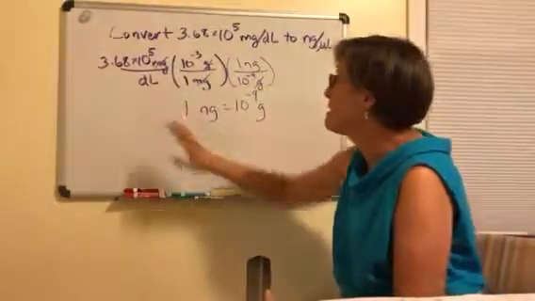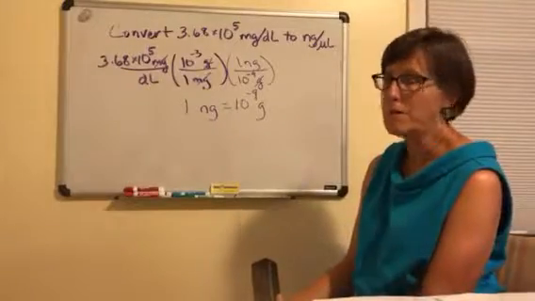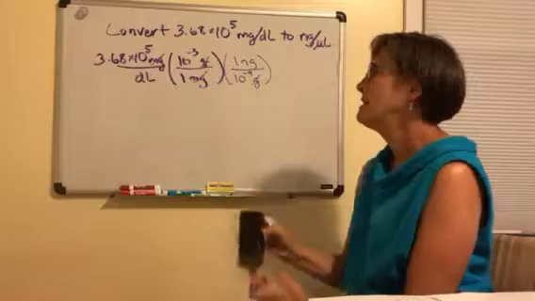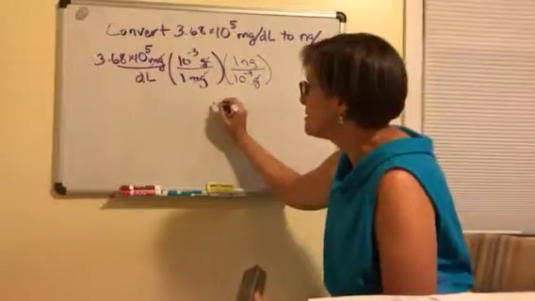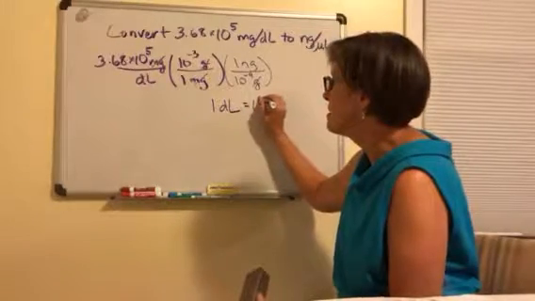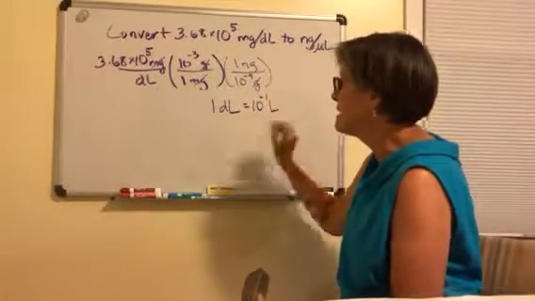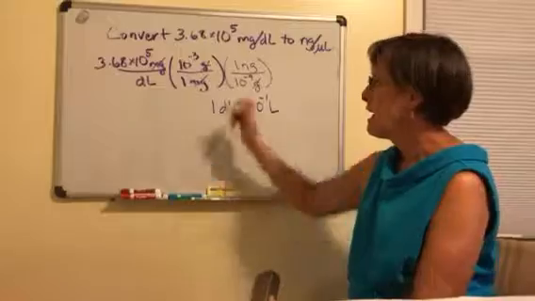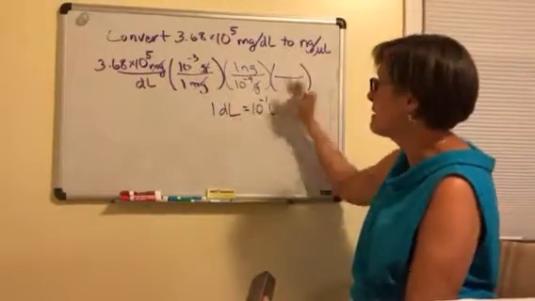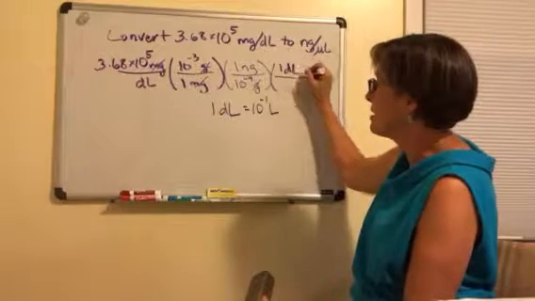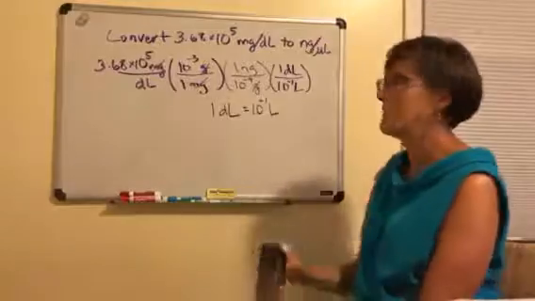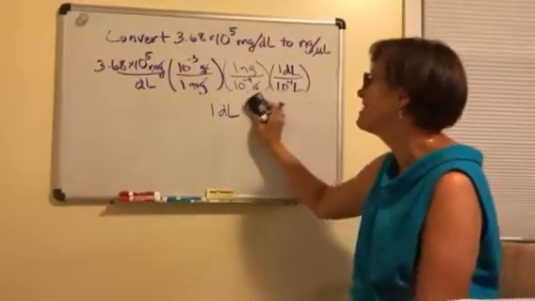And now we have to think about this unit of volume, the deciliter. The prefix deci means 10 to the negative 1. So 1 deciliter is going to be equivalent to 10 to the negative 1 liters. And I've got to cancel those deciliters. So when I use this equality, I'm going to put the 1 deciliter on the top and 10 to the negative 1 liters in the denominator.